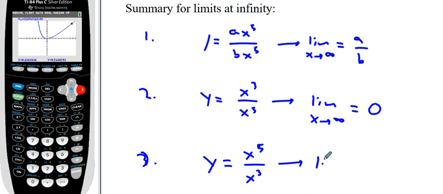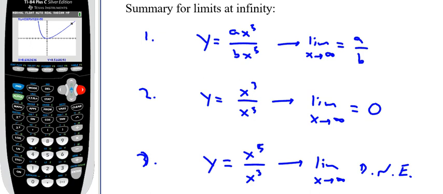So in this case, the limit as x approaches infinity does not exist. Okay, so if you know these three rules, you can do limits at infinity very quickly without doing any work at all.